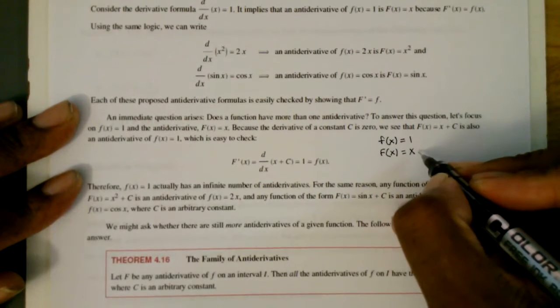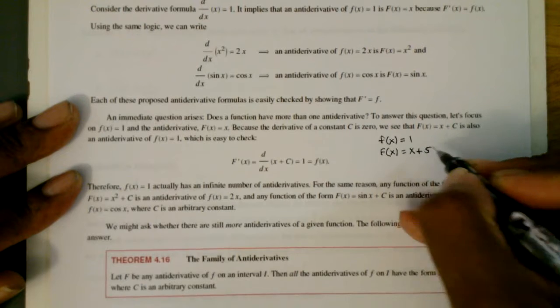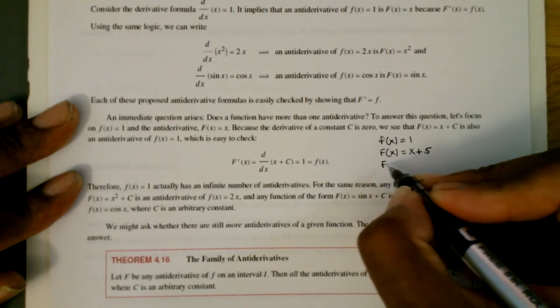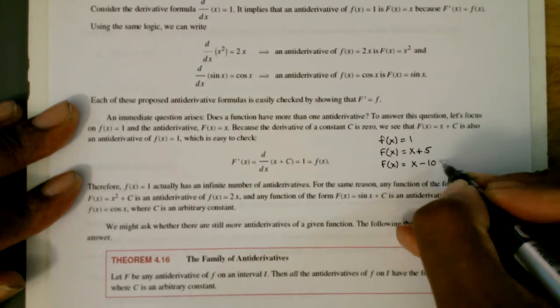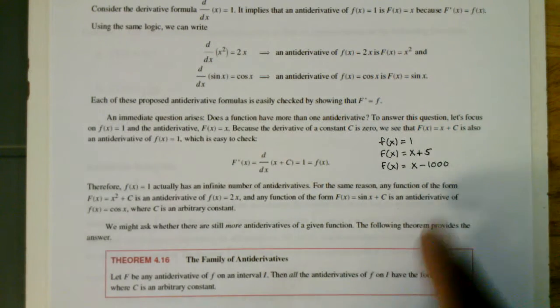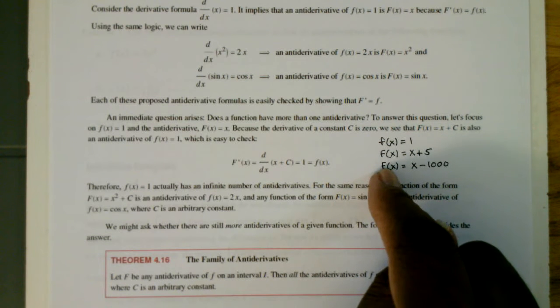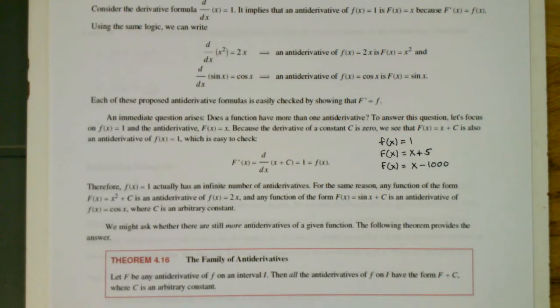And it could be something like x plus 5, or it could be x minus 1,000. That constant could be any real number. But if you take the derivative of both of these, you're going to get f of x equal to 1.